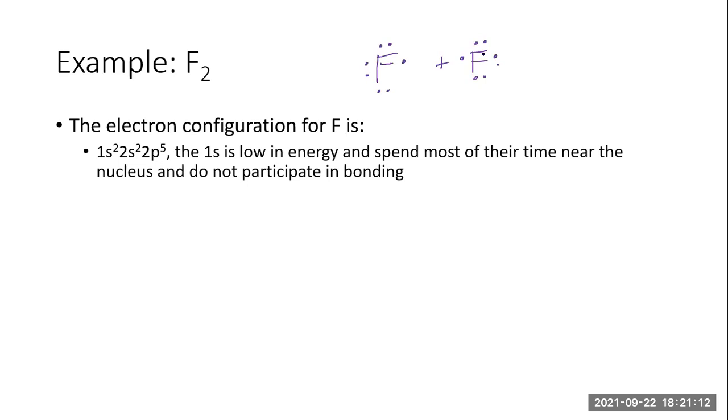And again, in this situation, because they're both fluorine, they're definitely going to have identical periodic trends, which means neither one of them is going to give up their electrons. Again, these 2 electrons are going to be shared between the 2 fluorines. The result is we end up with a fluorine over here on the left, bonded now with those 2 electrons in the middle to the fluorine on the right.